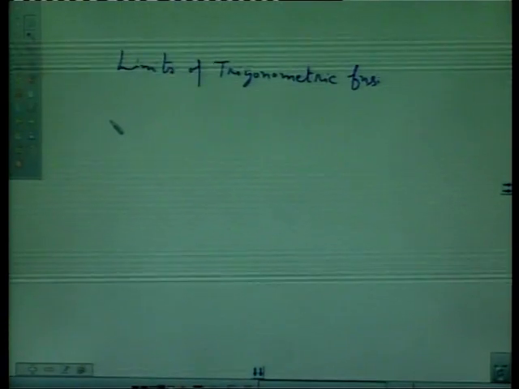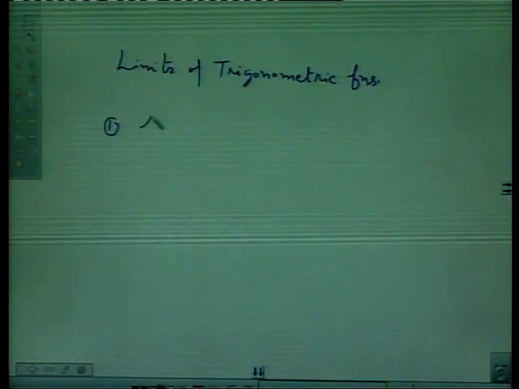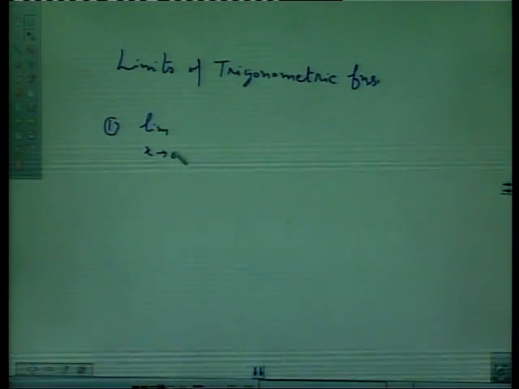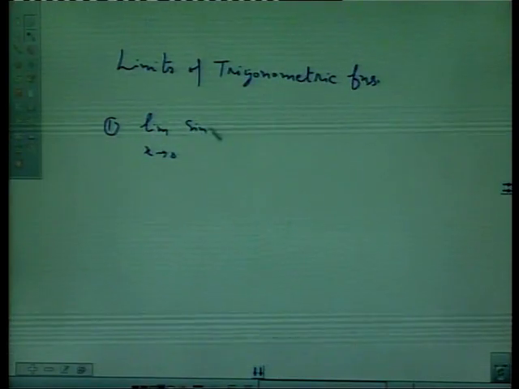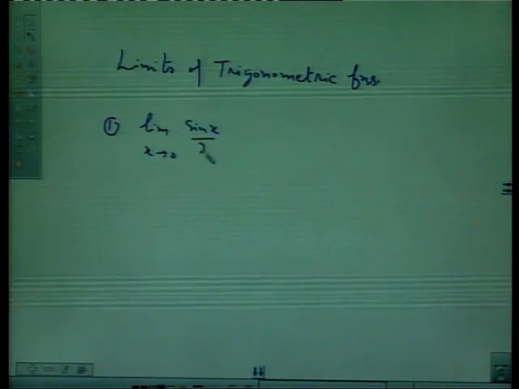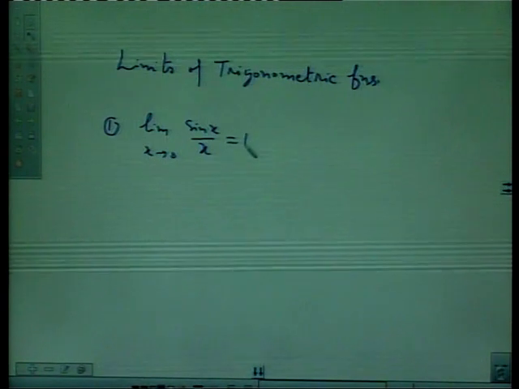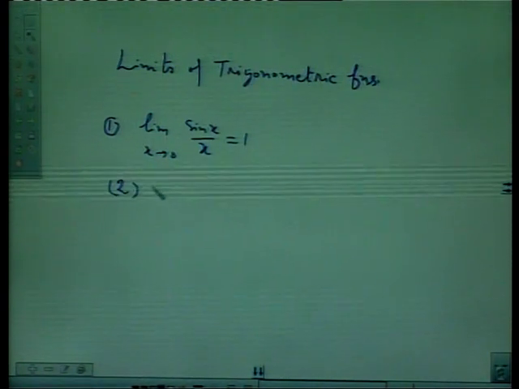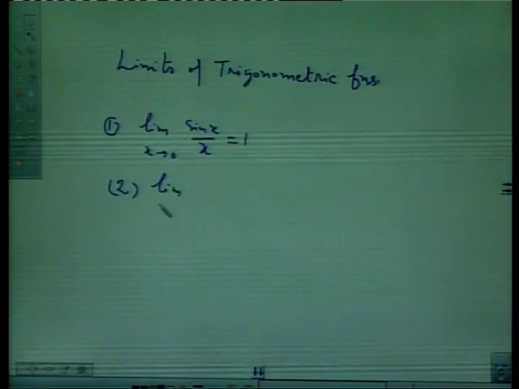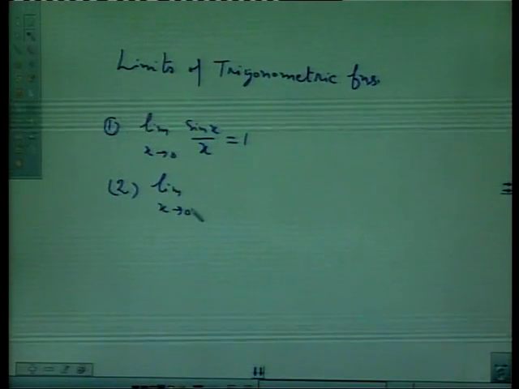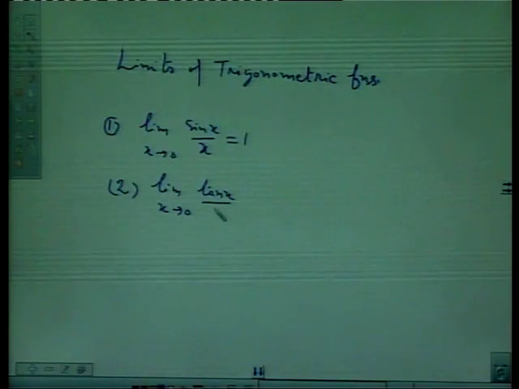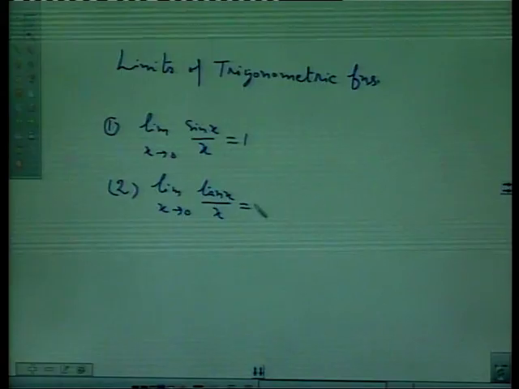Now, first limit is limit x tends to 0 sin x upon x is equal to 1, and second, limit x tends to 0 tan x upon x is equal to 1.